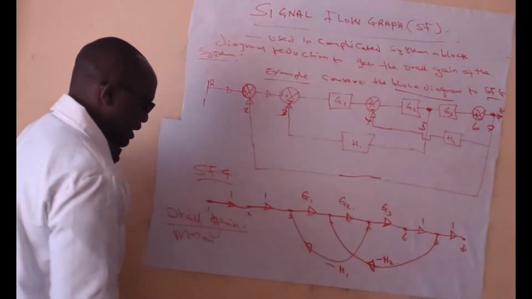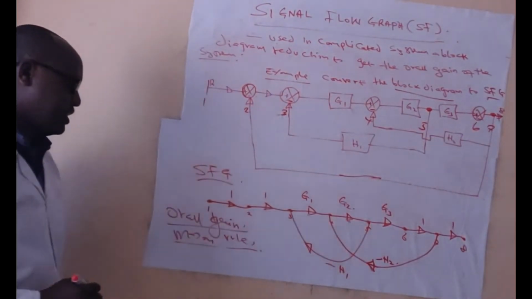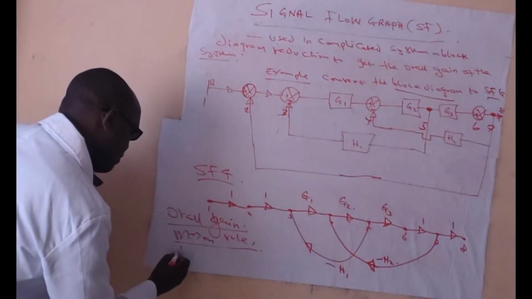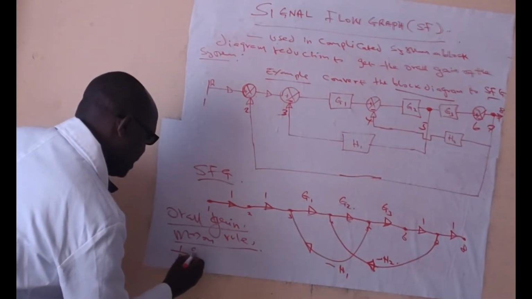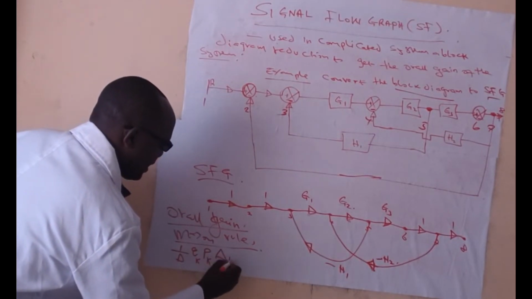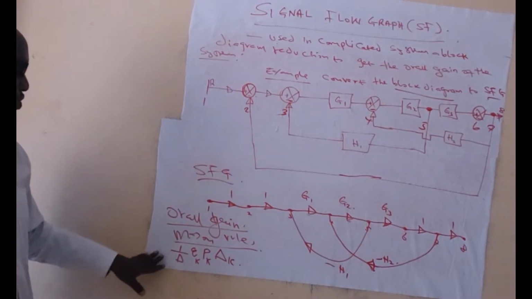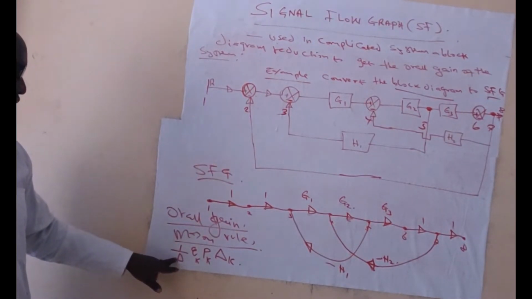So the Mason rule is given by this formula: 1 over delta, the summation over k of Pk times delta k. That is the Mason rule.